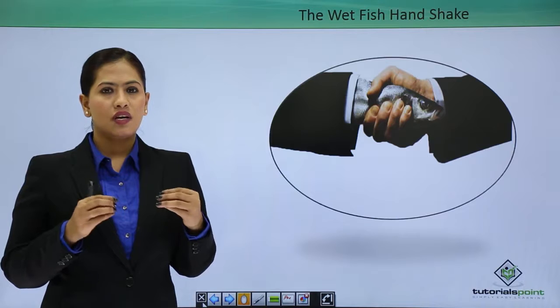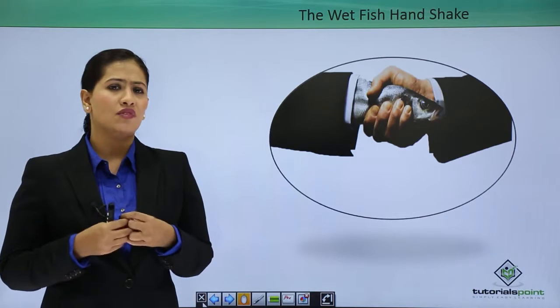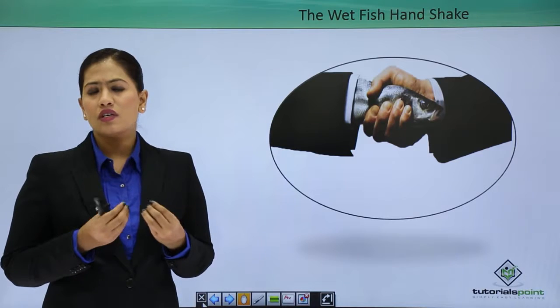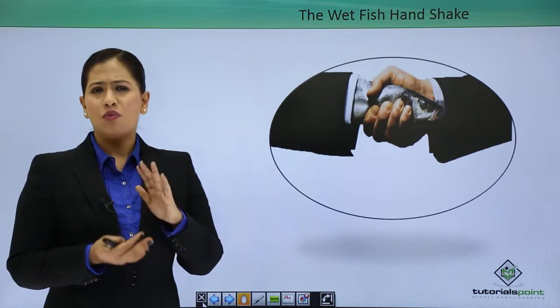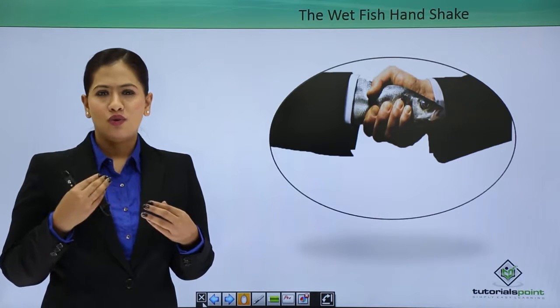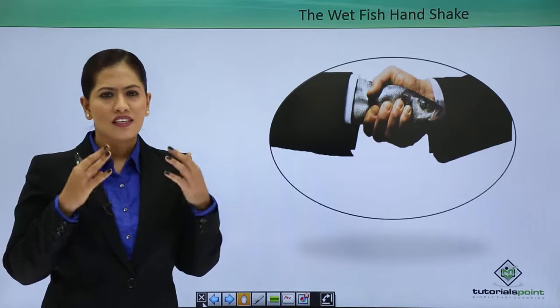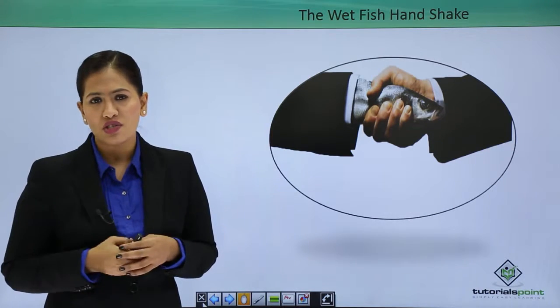Now, this is not so accepted and acknowledged by a lot of people who have sweaty palms. You just have to be a little conscious that when this is your body type, either wipe it off with a tissue paper, or be a little vocal in your thoughts, stating that I have a sweaty palm and I really wish to rethink giving a handshake.